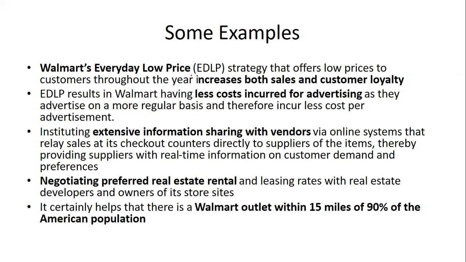And it helps Walmart be within 15 miles of 90% of the American population. It means, with this method, they can capture the population of America with the low cost strategy. So that becomes much easier for them. This is what we have learned over here.